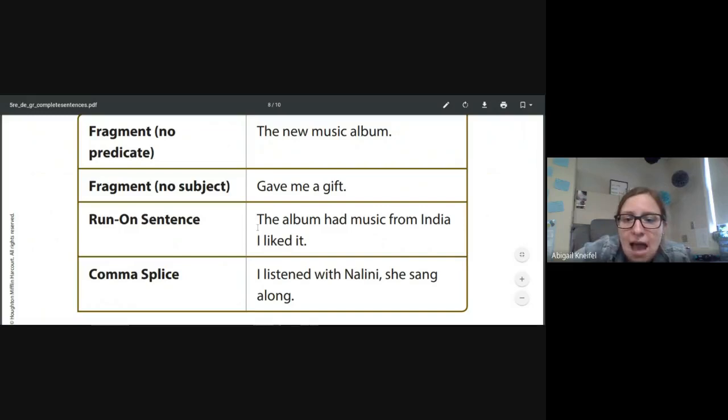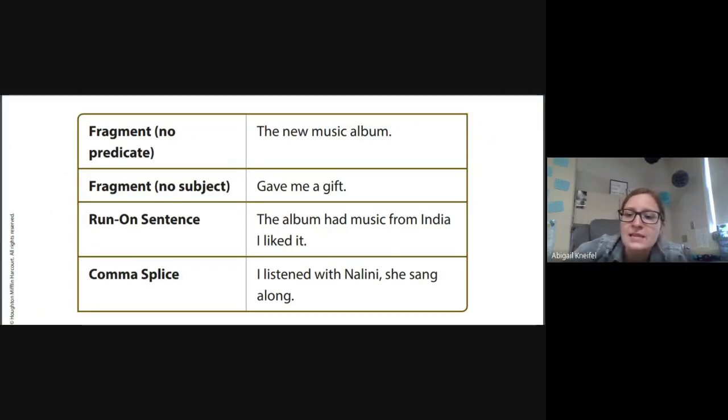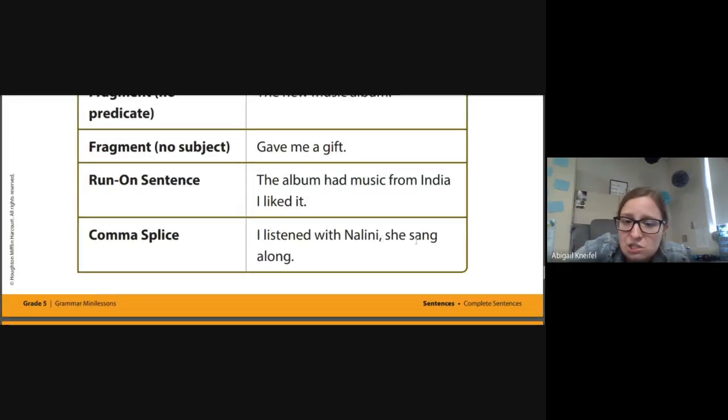Run-on sentence. The album had music from India. I liked it. This could be 2 sentences. It should be the album had music from India, period. I liked it. Or if you added a comma after India before I liked it, you could have made it a comma splice. But right now, this is just a run-on sentence. And then comma splice, I listened to whatever that word is. She sang along. It's a comma splice. Look, there's that nice little comma connecting those 2 sentences.